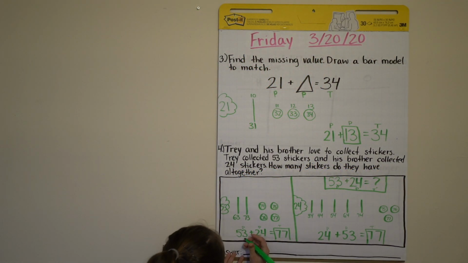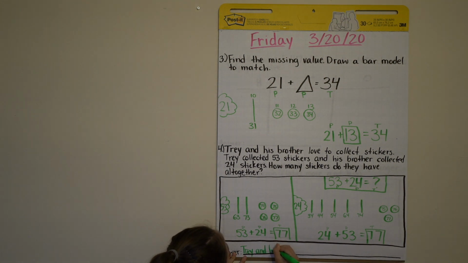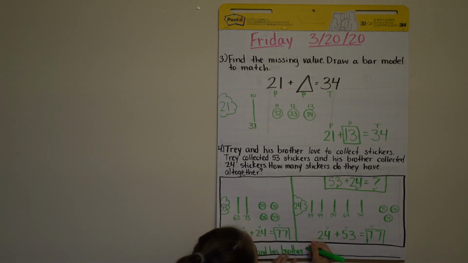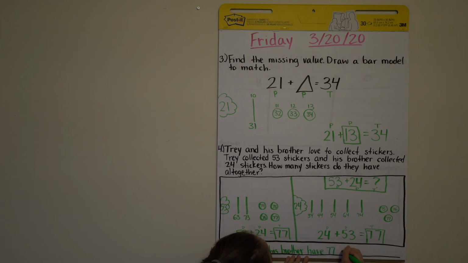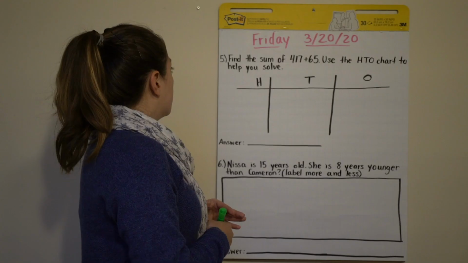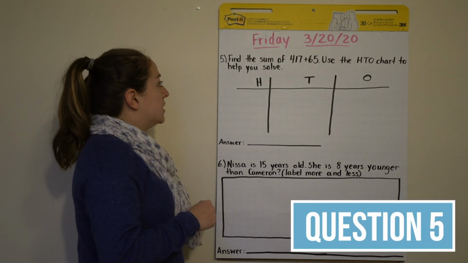So Trey and his brother have 77 stickers all together. I'm going to move on to number 5.